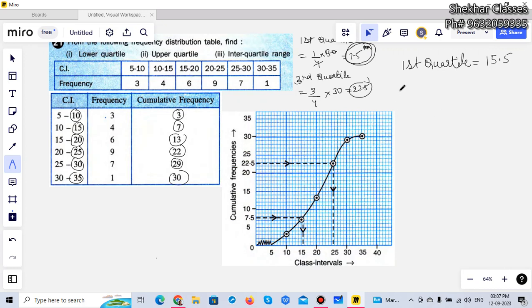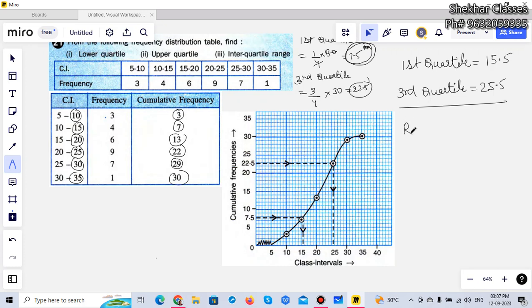The third quartile is, as you can see closely, going to be this one, corresponding to 25.5 here, right? So this is 25.5.